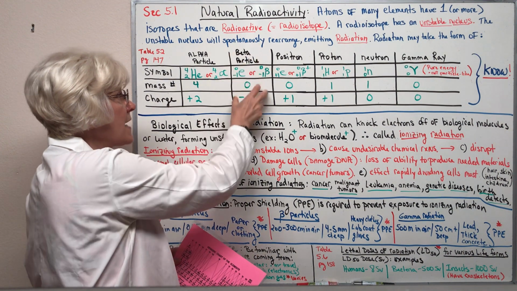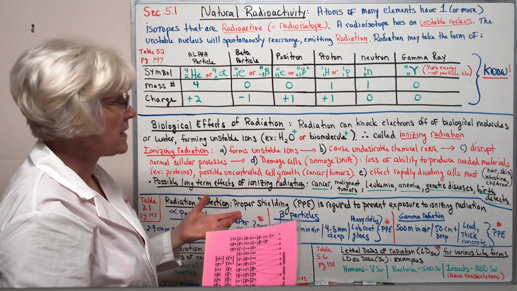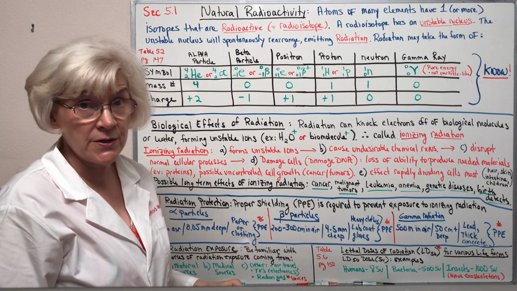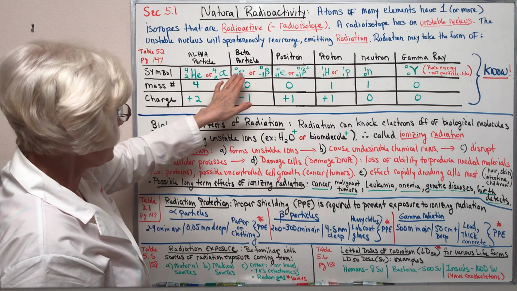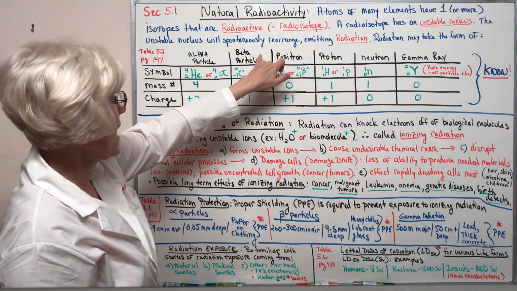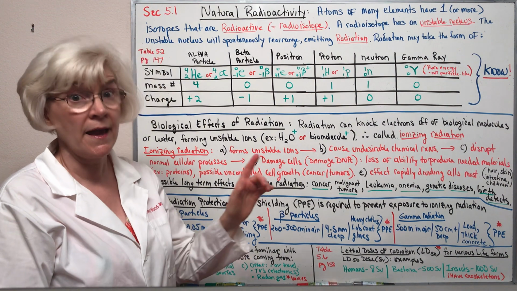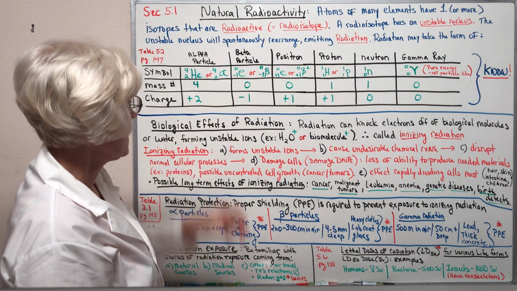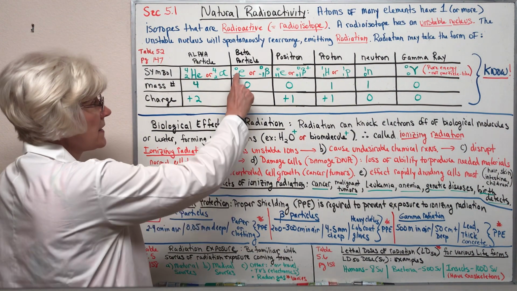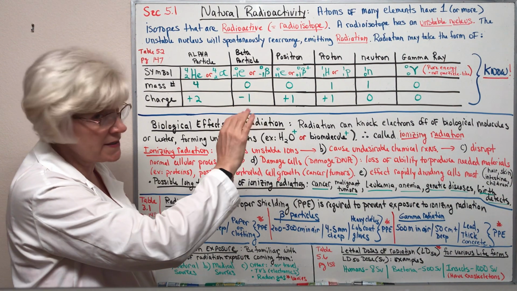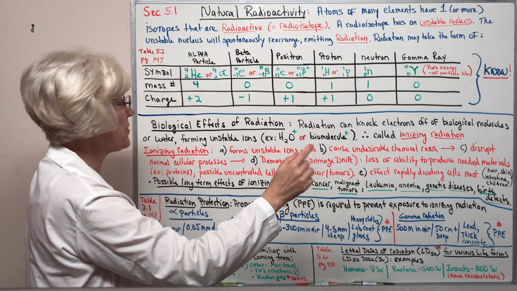Let's move to the next particle, which can be emitted as a form of radiation, and they are called beta particles. And you can see immediately from the notation, wow, it looks like a beta particle is an electron. And that's exactly what it is. We see the symbol for the electron used. It has a mass number of 0 because it's neither a proton or a neutron.